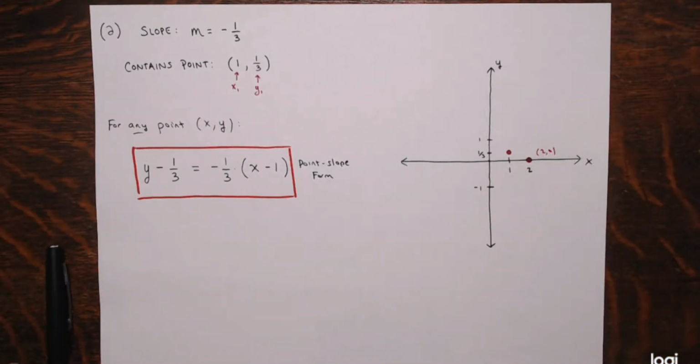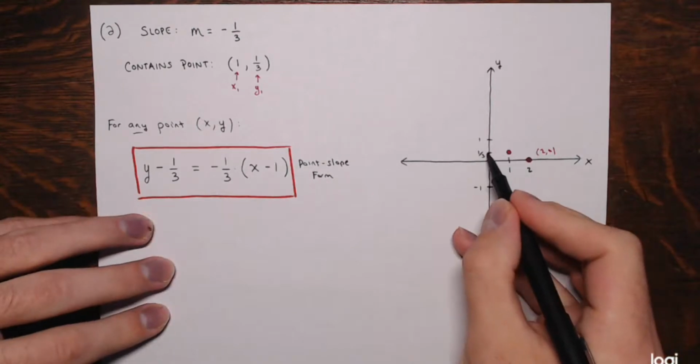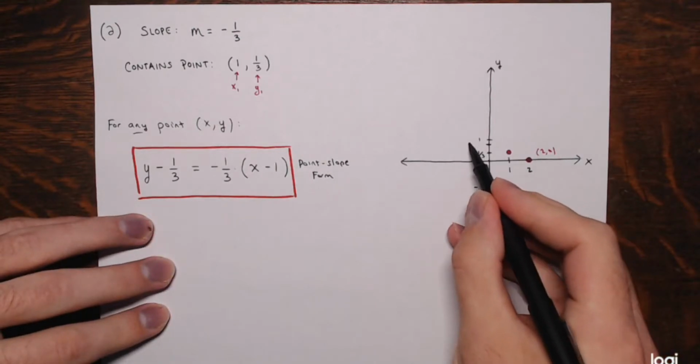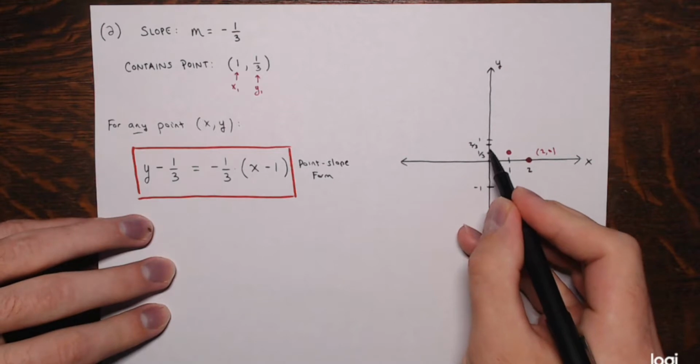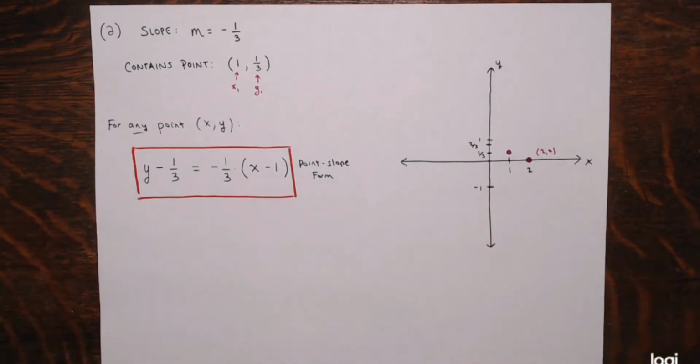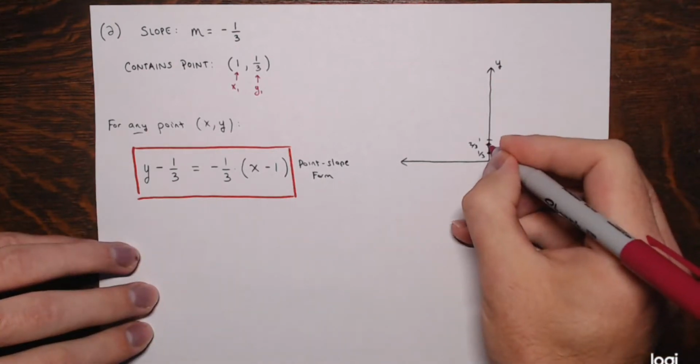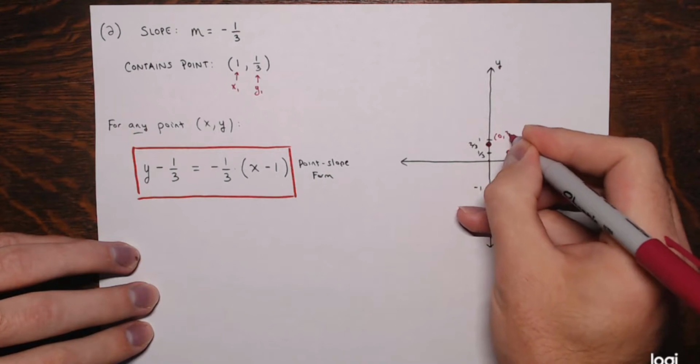And if I were to go left 1, I'd have to go up 1/3, so 2/3. Again, as long as the rise divided by the run, and that's why I like running 1 unit, makes it easy. But here's the y-intercept, 0, 2/3.